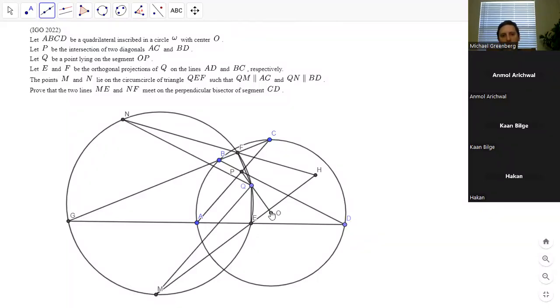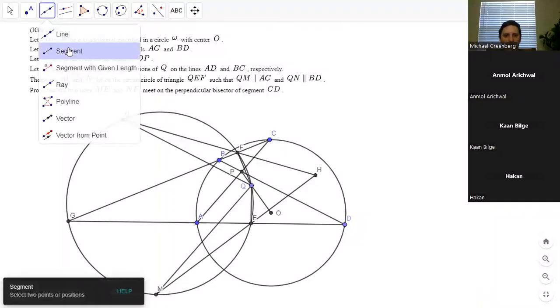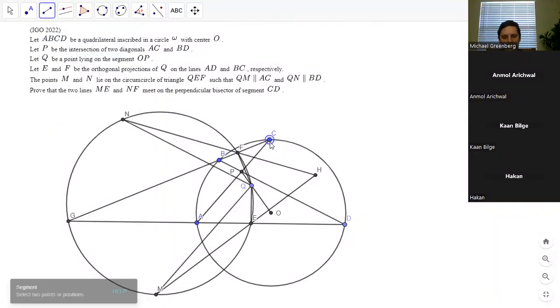So O should lie on the perpendicular bisector of CB, right? So, I mean, it's the same as saying OH is perpendicular to CB, right? It's the same as saying, yeah.